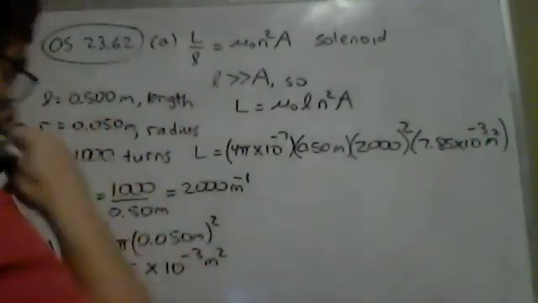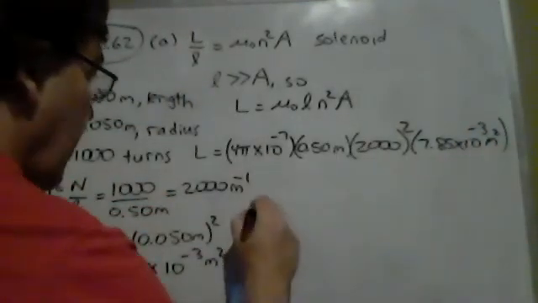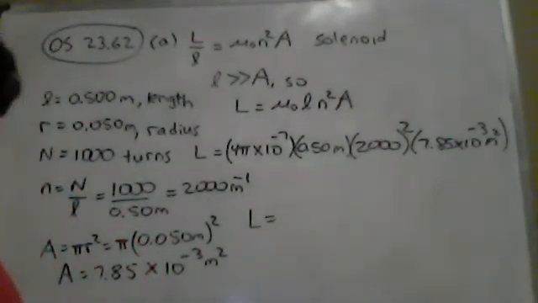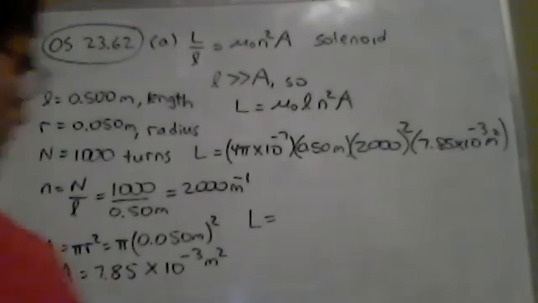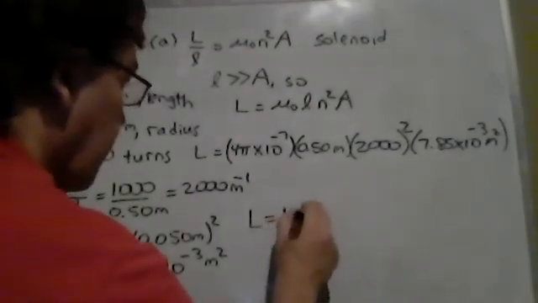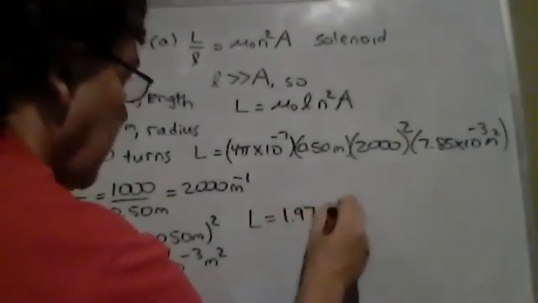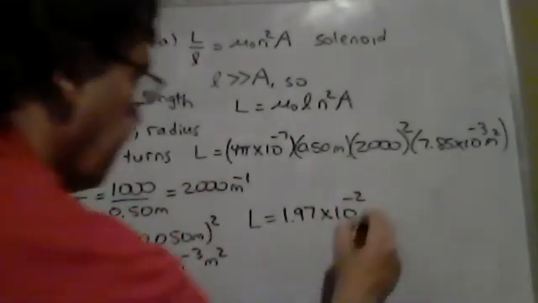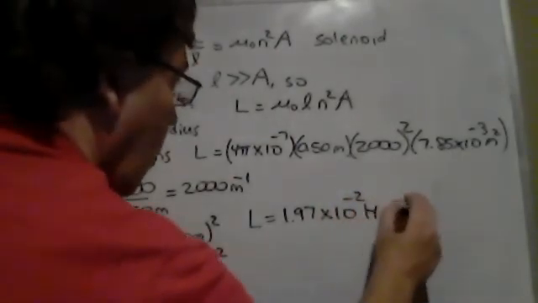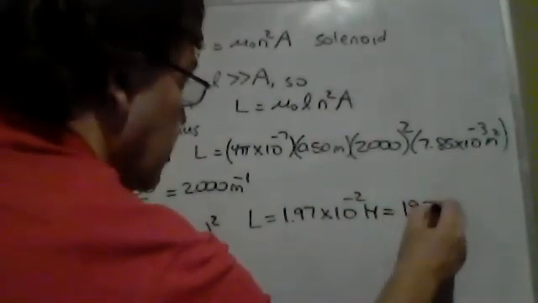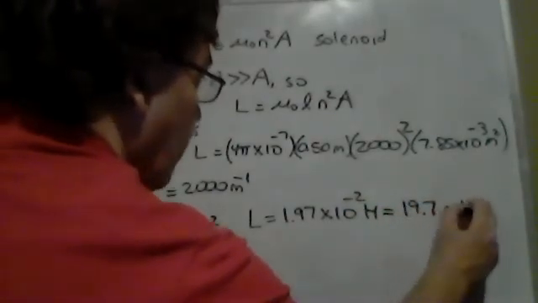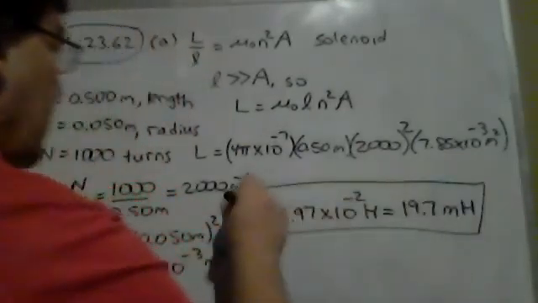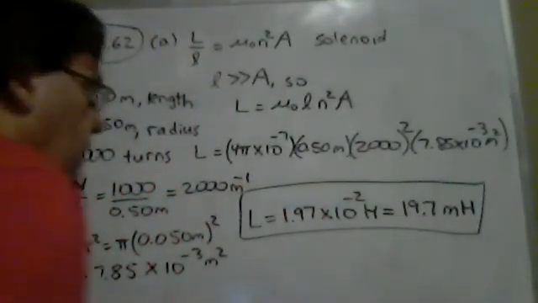If I multiply all this together, the inductance of this solenoid is 1.97 times 10 to the negative 2 henries, or 19.7 millihenry.